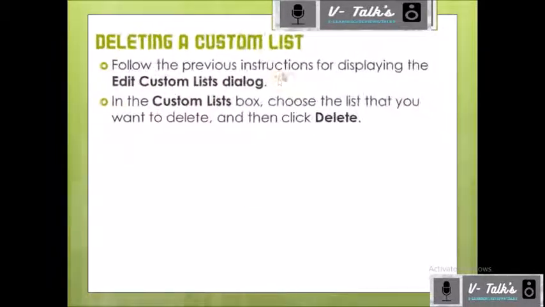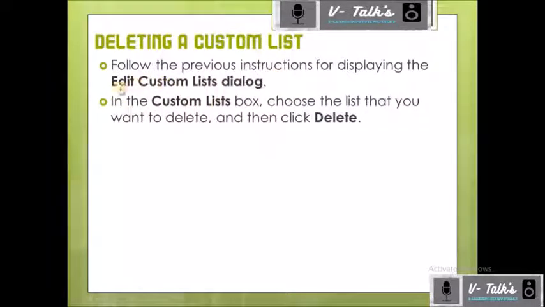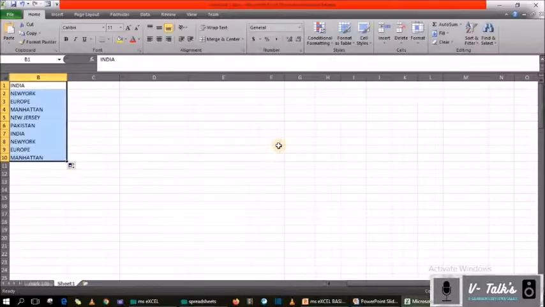Now deleting a custom list. First of all you have to open the Edit Custom Lists dialog box. From where? File, Excel Options, then Advanced, then from the General area you can select Edit Custom Lists, then click on the Custom lists box, choose the list you want to delete and then click Delete. So how to do that?